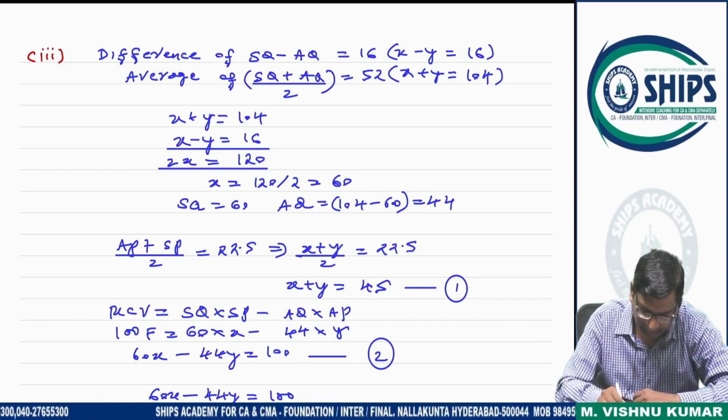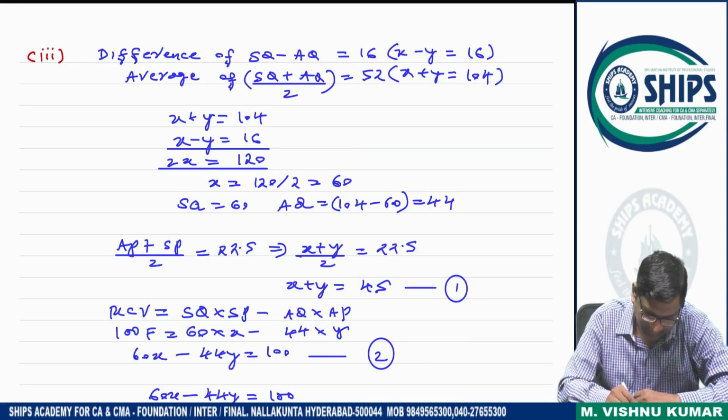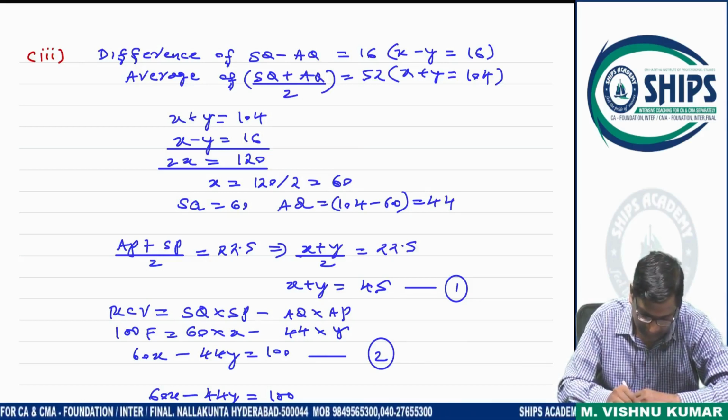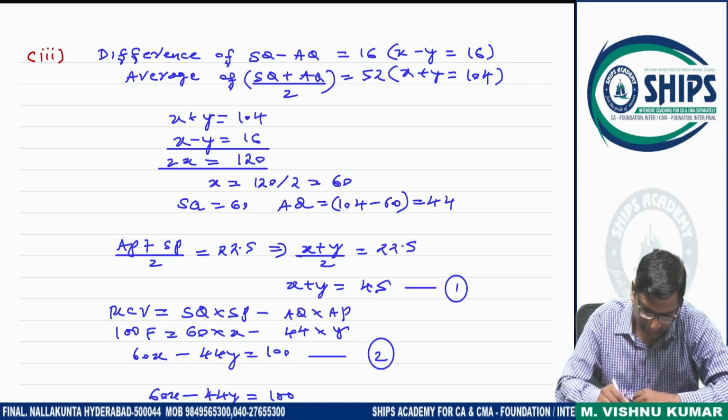So when we multiply 52 into 2, 104. So this is x plus y, 104. So x plus y is 104, x minus y is 16. So y is cancelled here. x plus x is 2x, 104 plus 16 is 120. So x value is 120 by 2, 60. It means standard quantity is 60. The actual quantity is 104 minus 60, 44.